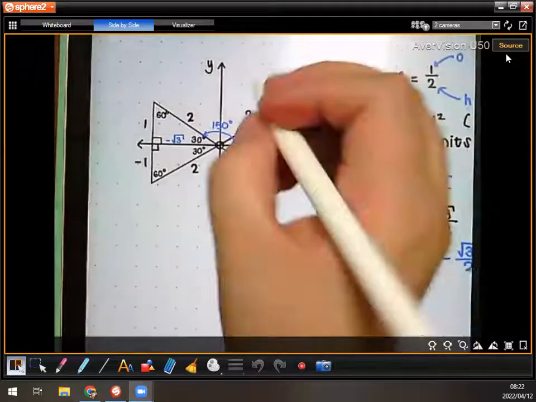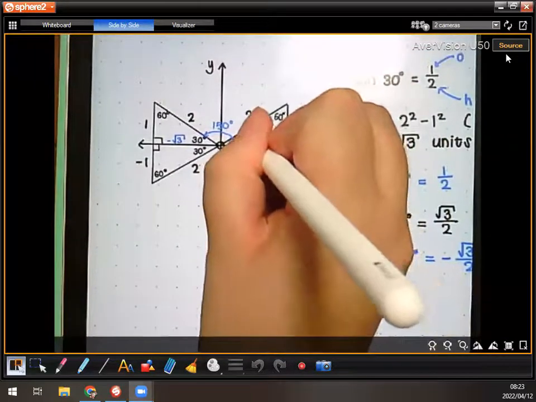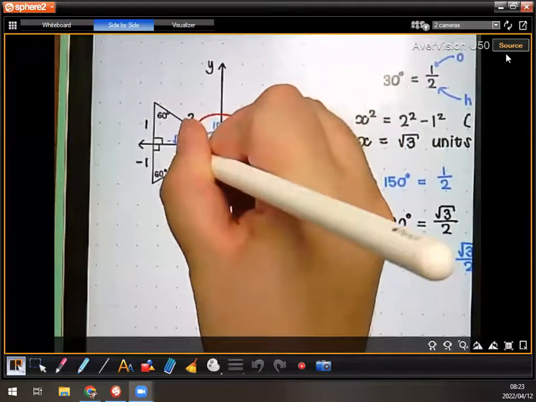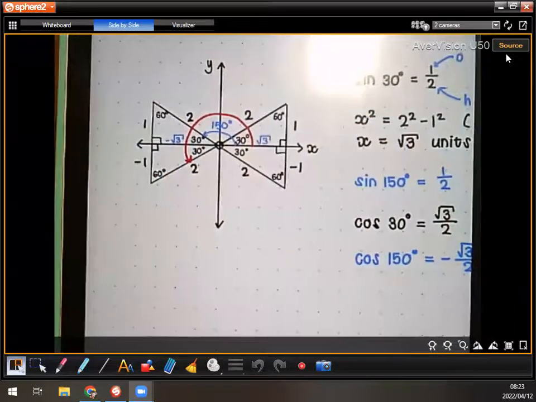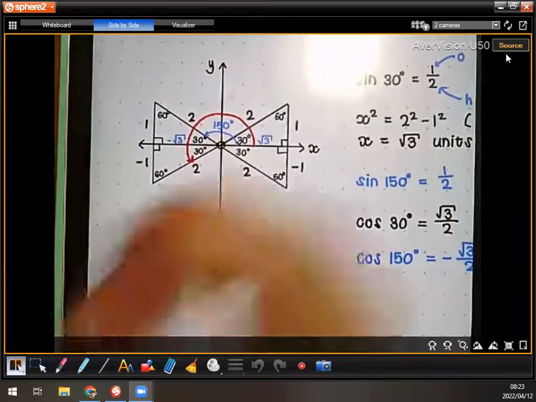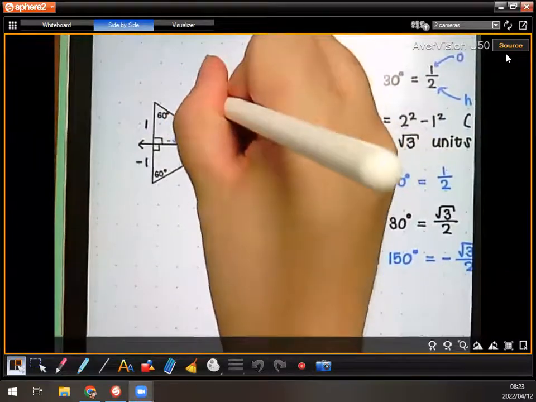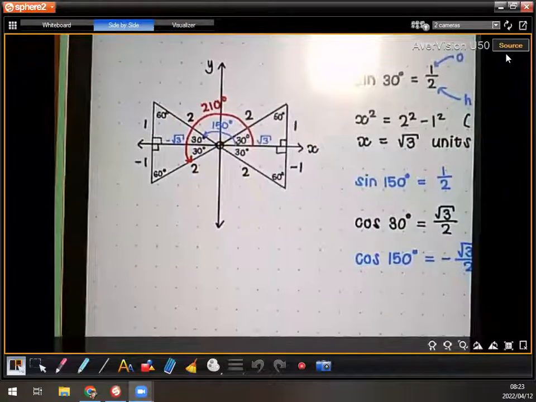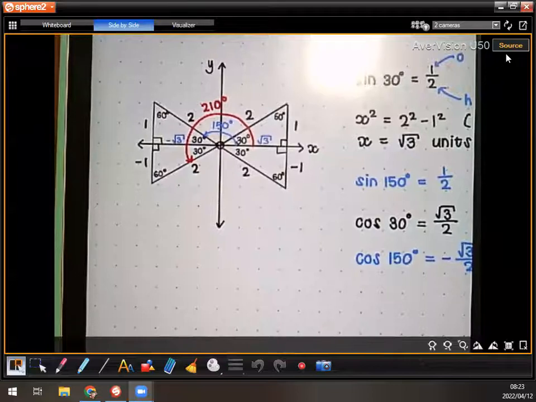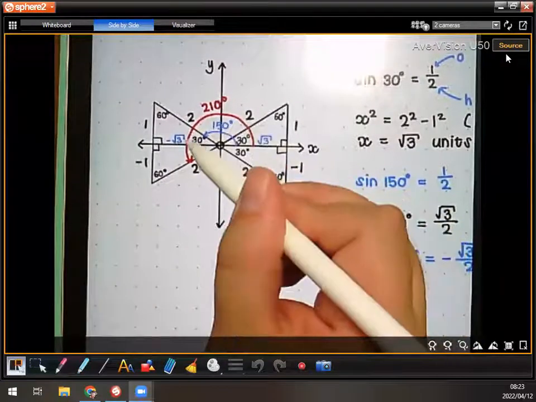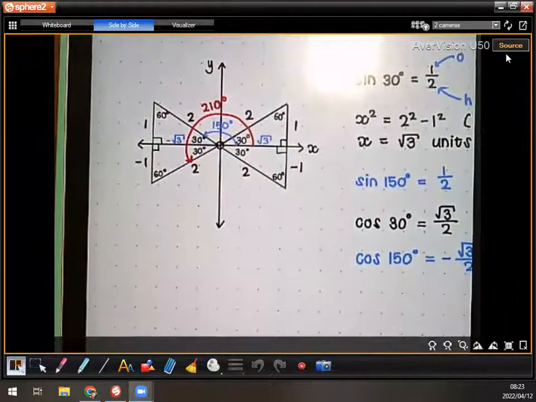Let's use red. If I'm going to go all the way around from 0 to that line, that is 210 degrees, right? I just want to make sure that everyone knows where that's coming from. From 0 to 180, that straight line there, and then you're adding a 30-degree angle.